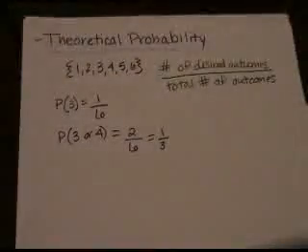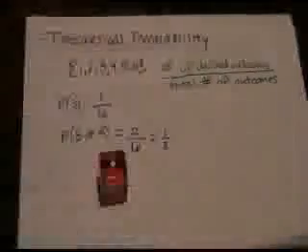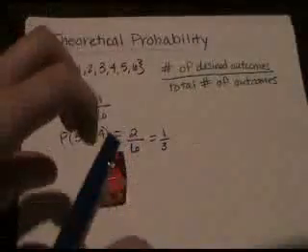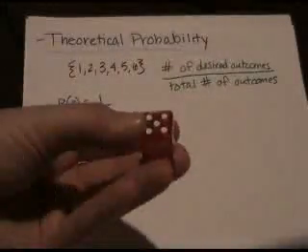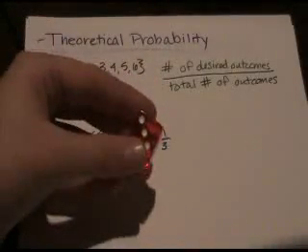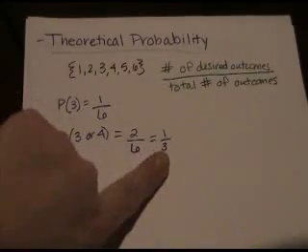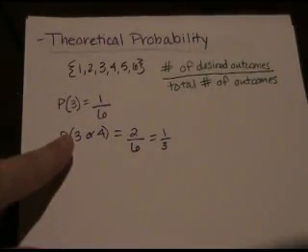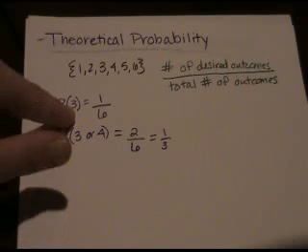So theoretical probability is really what you know should happen, and I say should, because that's the equal likeliness. Each of the faces of this number cube are equally likely. So 1/3 chance of getting a 3 or 4, a 1/6 chance of rolling a 3.